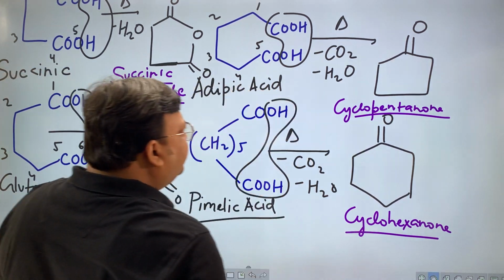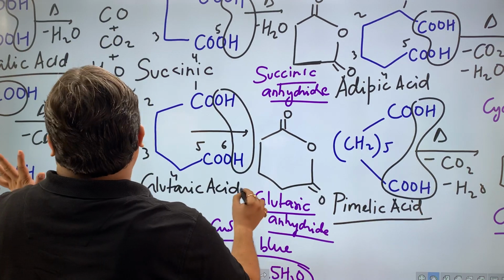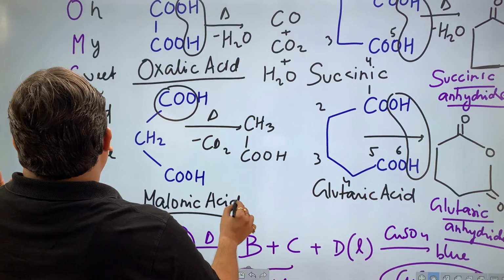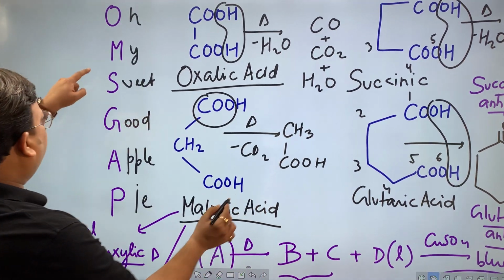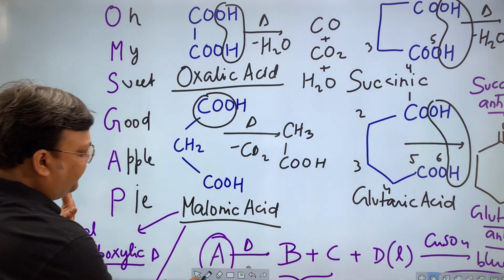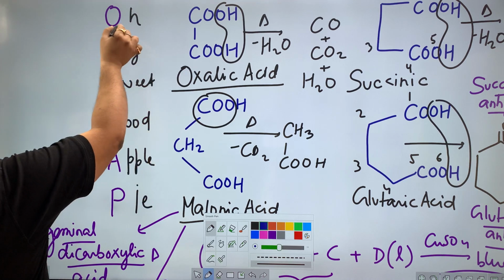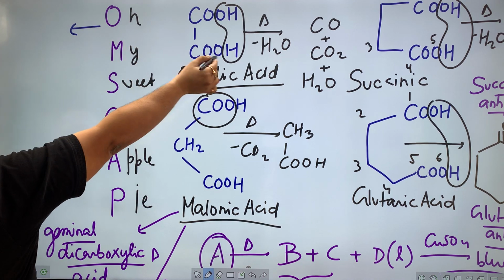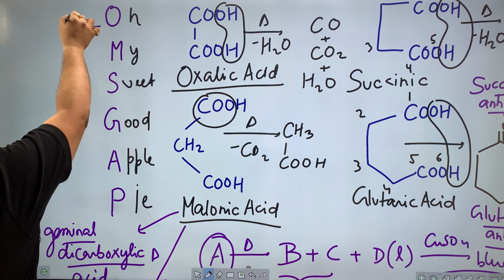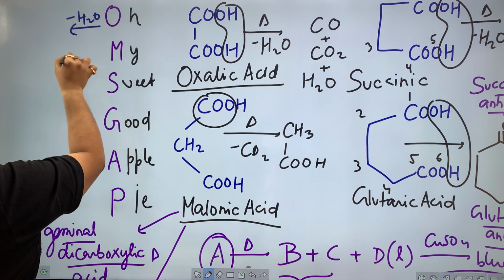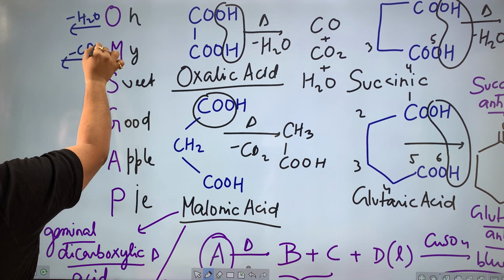First and foremost, Ohm's gap. This is how you remember the names: oxalic, malonic, succinic, glutaric, adipic, pimelic. Then what you saw in the general scenario is oxalic losing water, carbon monoxide, carbon dioxide. Here loss of carbon dioxide is the general case.